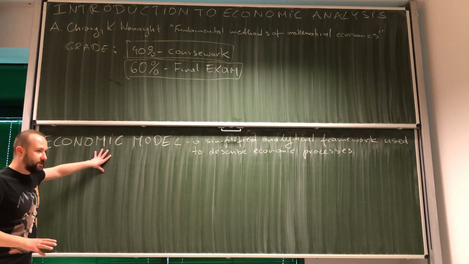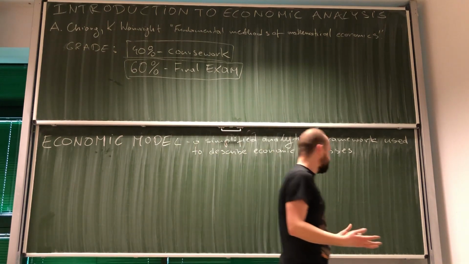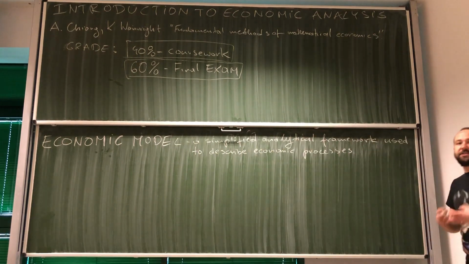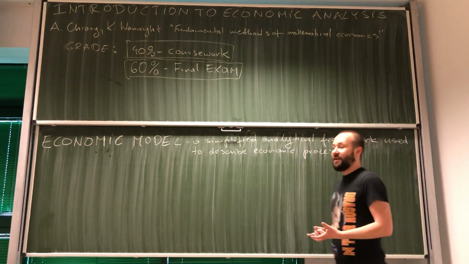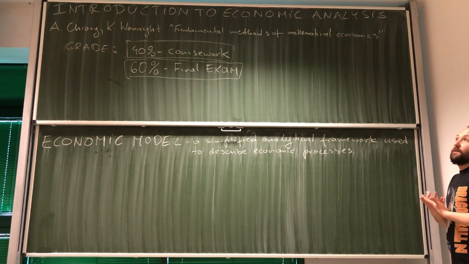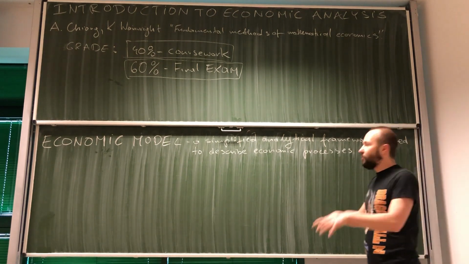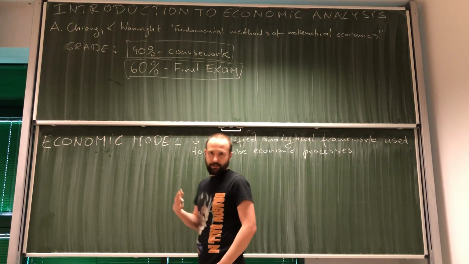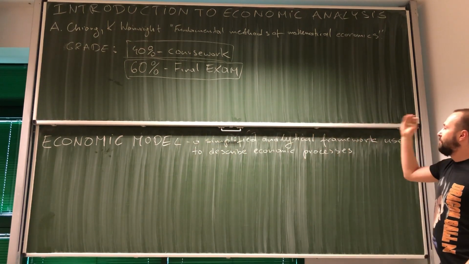Why do we use models? Because reality is so complex, it's really hard to describe it, and especially to make general conclusions when you have so many forces that influence some phenomenon. This is why we use models.